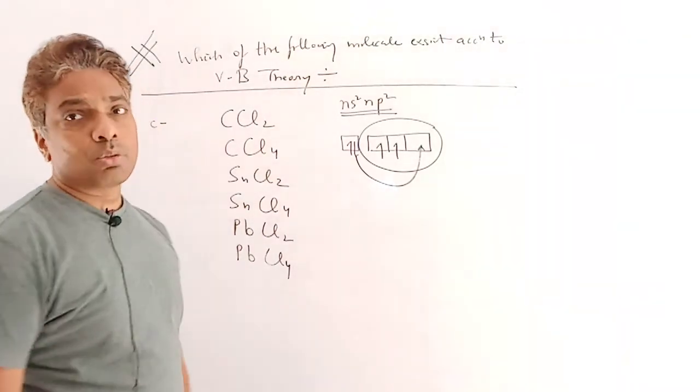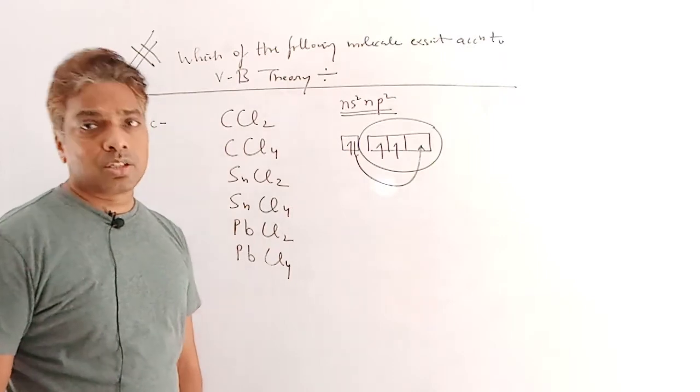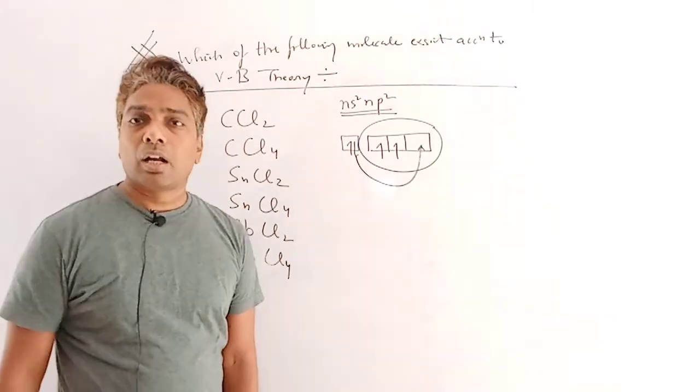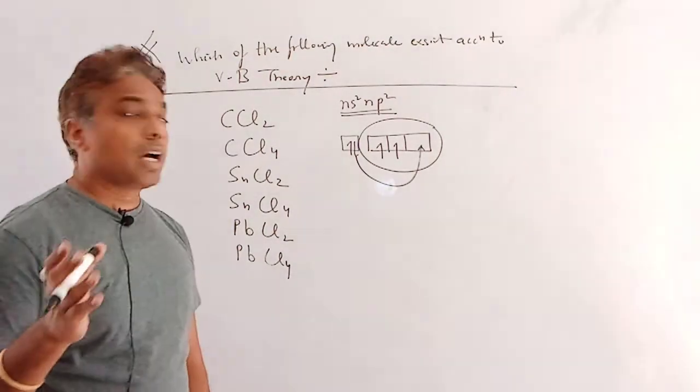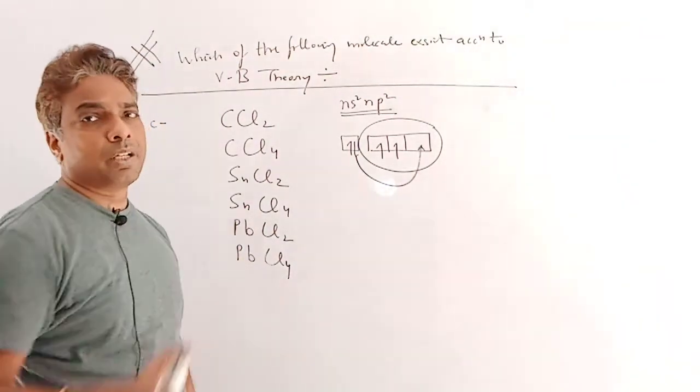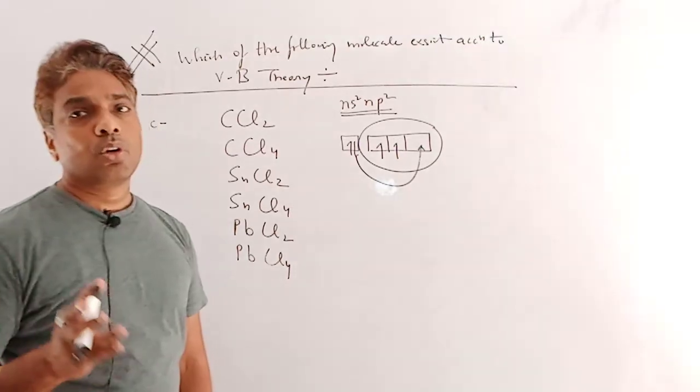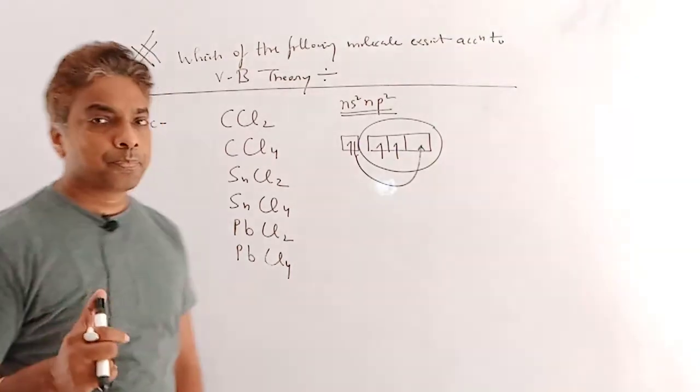So CCl2 does not exist, it is unstable, since the excited state of carbon contains a more stable p configuration as compared to ground state. Clear?